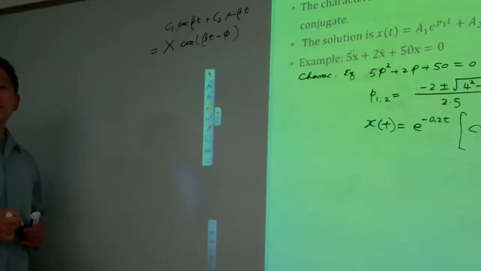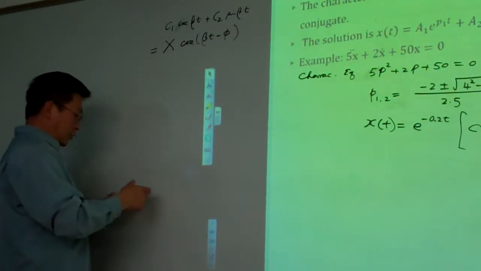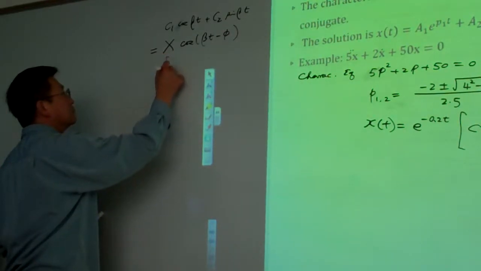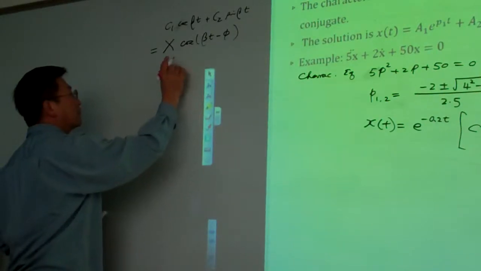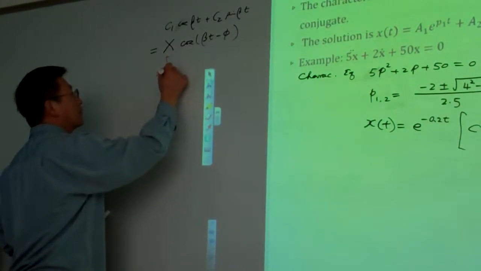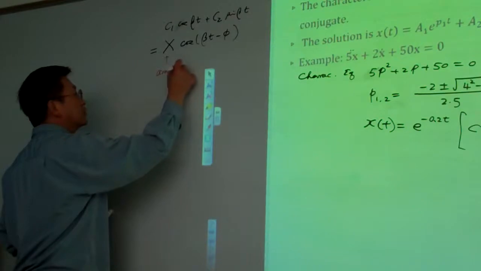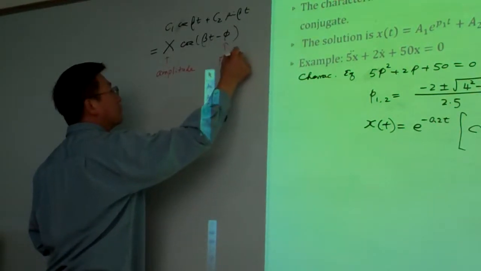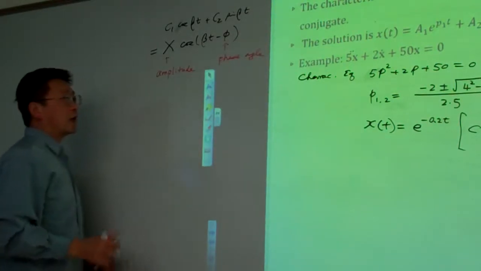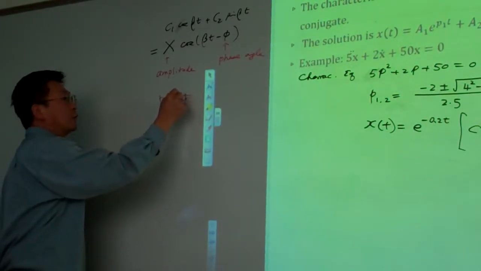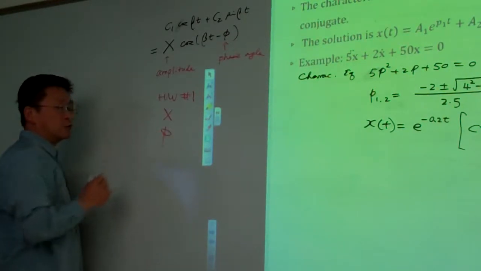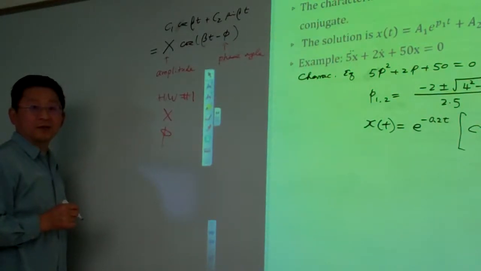So we have such a form. The X is called the amplitude here, and phi is called the phase angle. And in homework 1, you have already learned how to determine the magnitude and how to determine the phase angle. You know the procedures. You're supposed to at this moment.